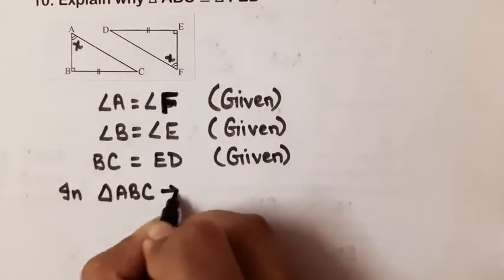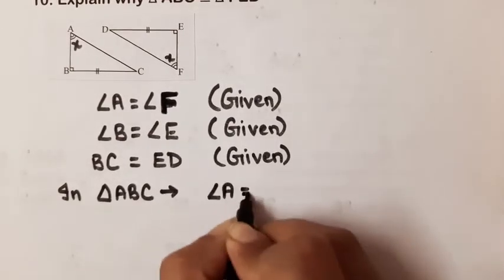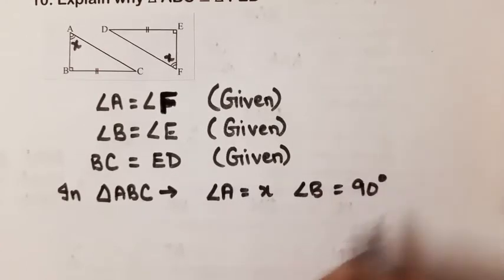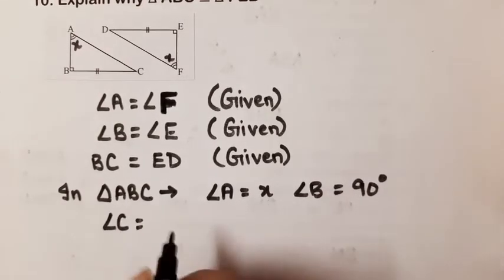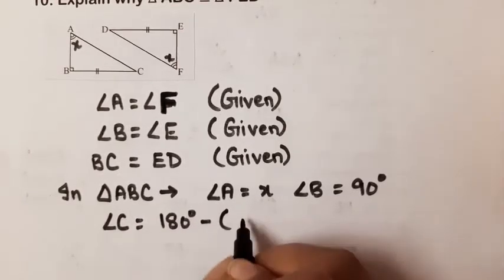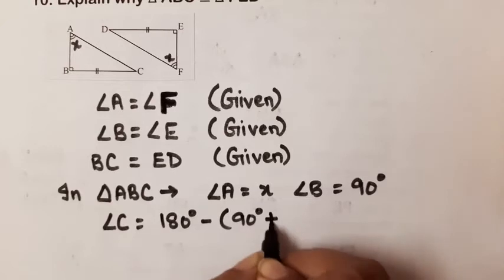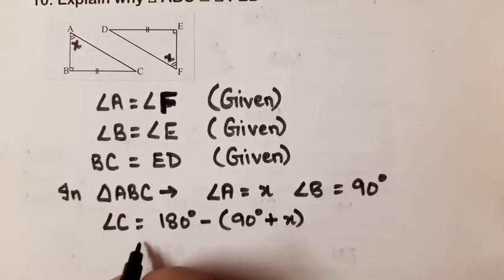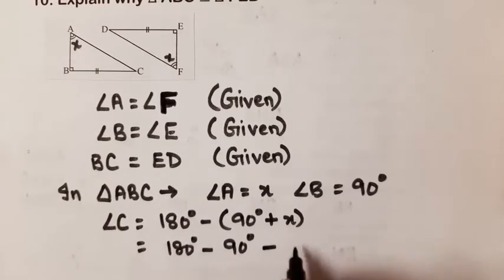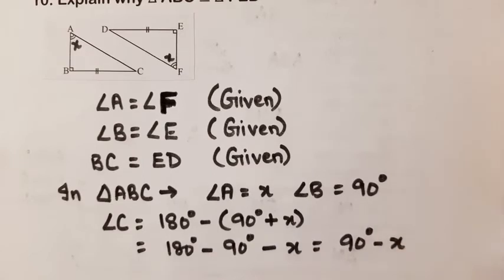Now when we are given that angle A is equal to X, angle B is equal to 90 degree, what will be angle C in this case? By angle sum property, it will be 180 degree minus 90 degree plus X. What is it? 180 degree minus 90 degree, and that means the answer is 90 degree minus X. So this is the value of angle C in the triangle ABC.